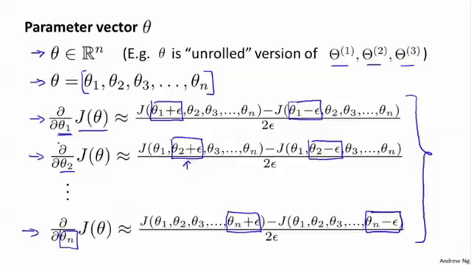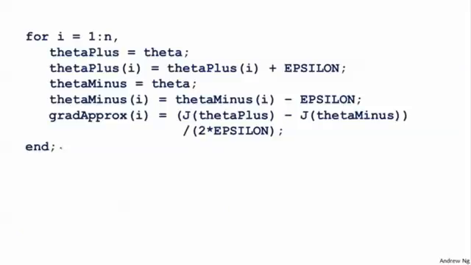Concretely, what you implement is therefore the following. We implement the following in Octave to numerically compute the derivatives. We say for i equals 1 through n, where n is the dimension of our parameter vector theta, and I usually do this with the unrolled version of the parameters. So theta is just a long list of all of my parameters in my neural network, say. I'm going to set thetaPlus equal to theta, then increase the ith element of thetaPlus by epsilon.